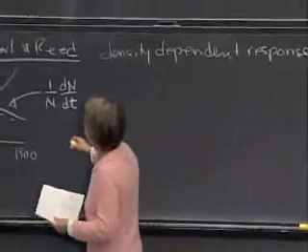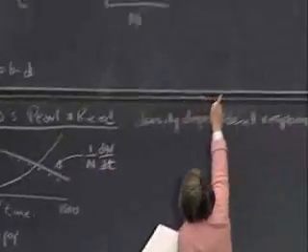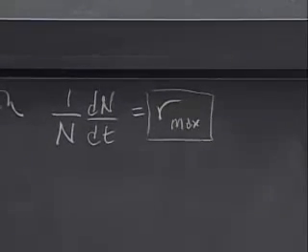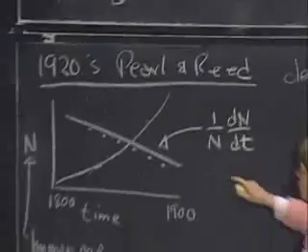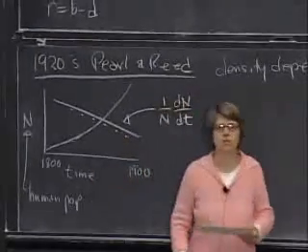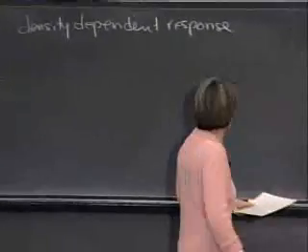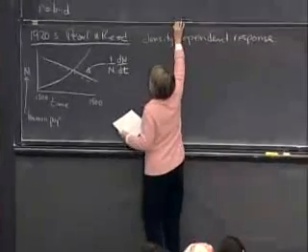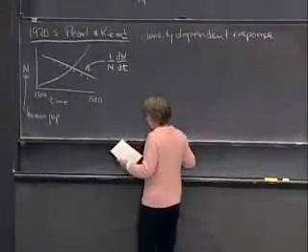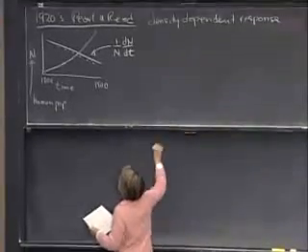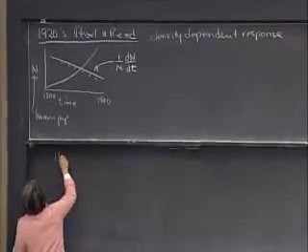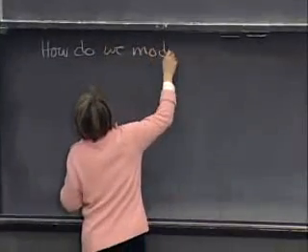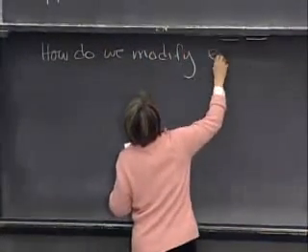So the question is, how do we modify our simple exponential growth equation so that it more realistically describes real populations that can't grow totally unconstrained? And so what Pearl and Reed did: how do we modify the exponential growth?